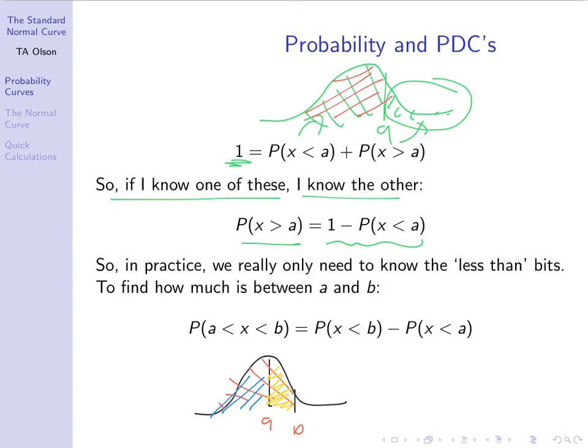So in practice, I really only need to know the amount of area under the curve less than a particular value, and I can calculate greater than or in between. And this is how most of the tables are created.